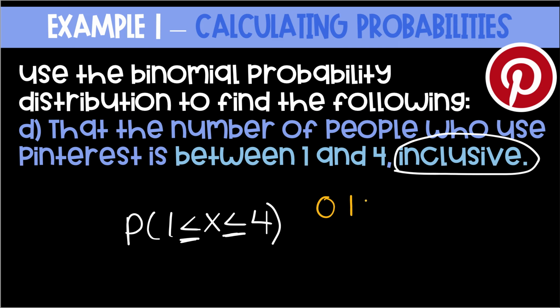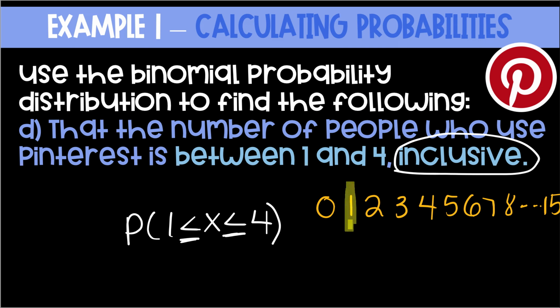If we were looking at our distribution, we can have 0 users, 1 user, 2 users, 3 users, 4 users, 5, 6, 7, 8, all the way to 15. I want in between 1 and 4, including the 1 and the 4. This is the interval I want. What's the probability that I will find 1 or 2 or 3 or 4 users?